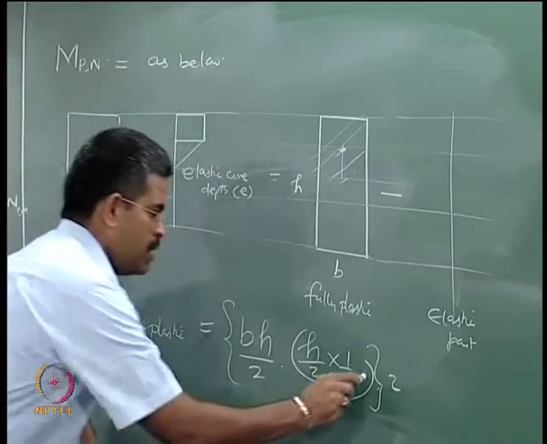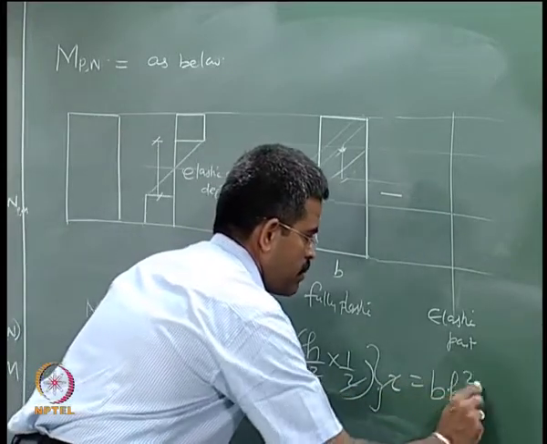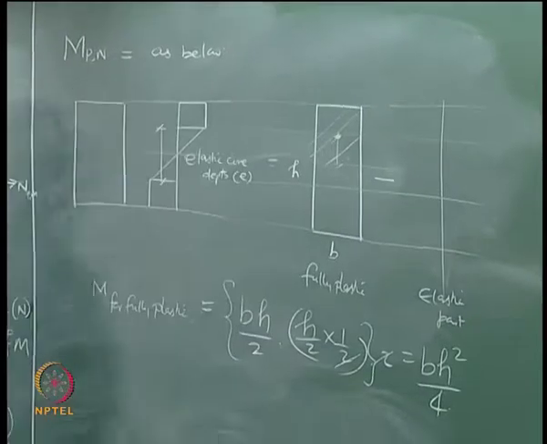So that gives me BH square by 4, is it not?